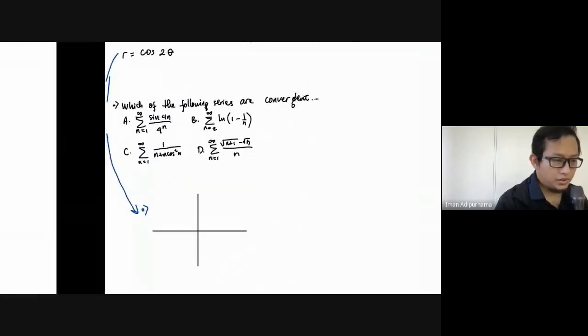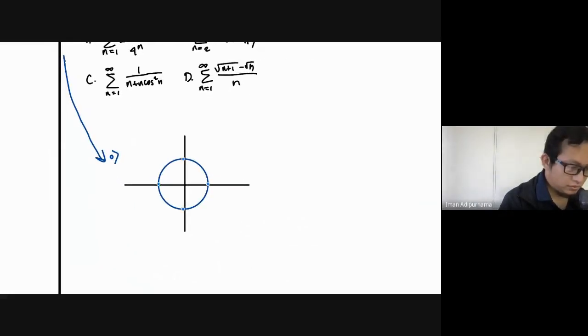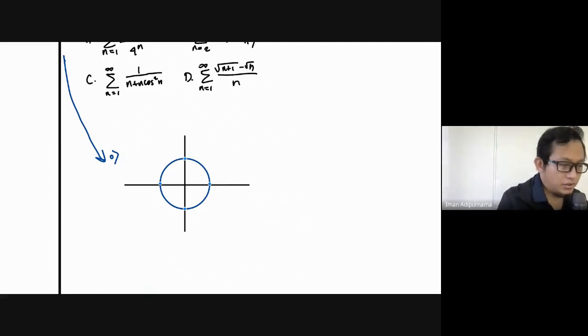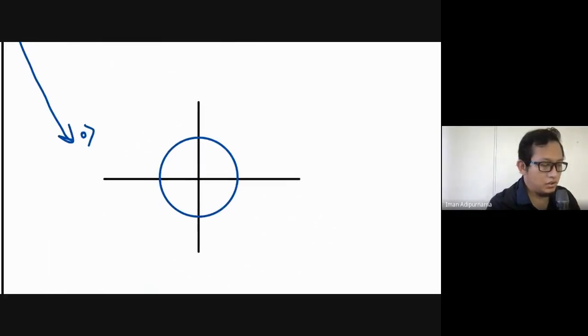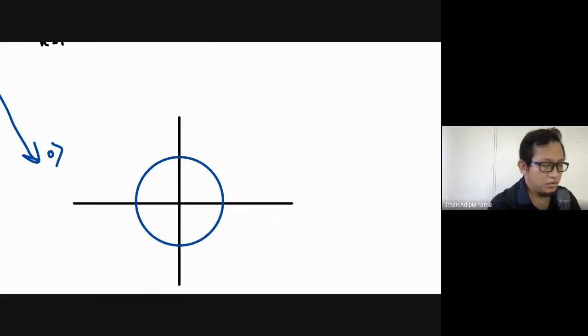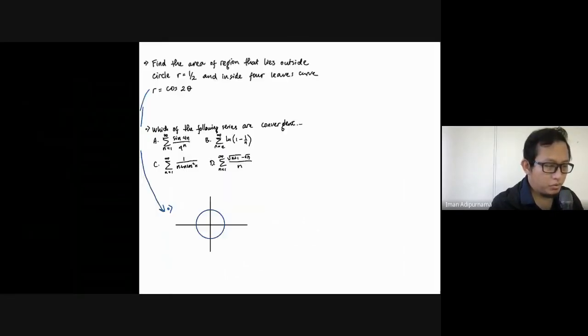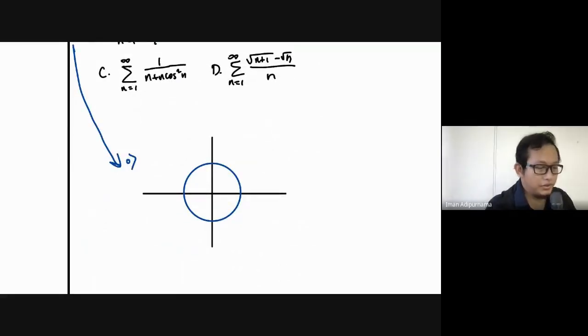Okay, first you have the circle r equals half, which means the circle has its center exactly at the origin, and the polar curve cos 2 theta will have 4 leaves like that.